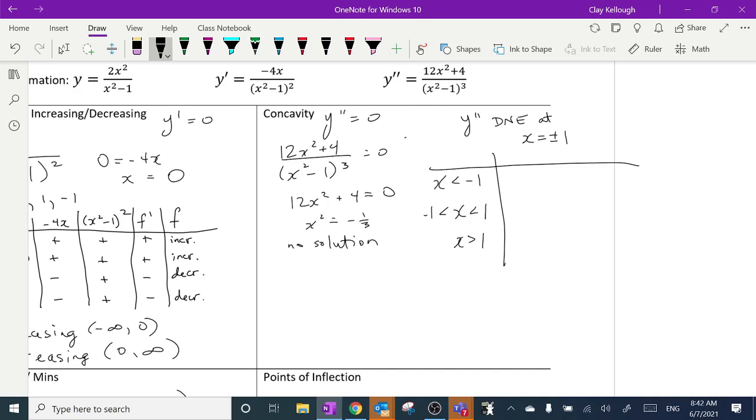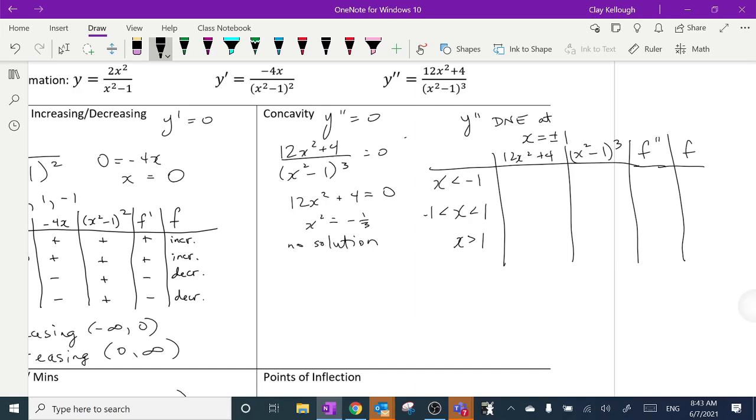And my two factors this time are 12x squared plus 4 and (x squared minus 1) cubed. I know I'm going a little further than I should, but I need to write big enough so you can see it. I pity anybody who's trying to watch me on a phone right now. Okay, and that tells us how the second derivative is behaving, which tells us how the function's behaving.